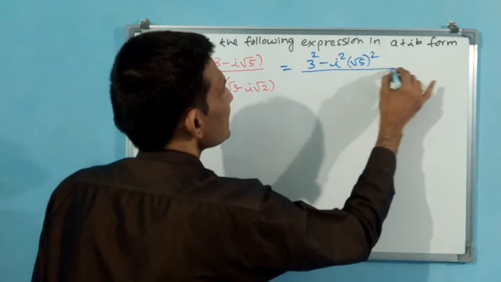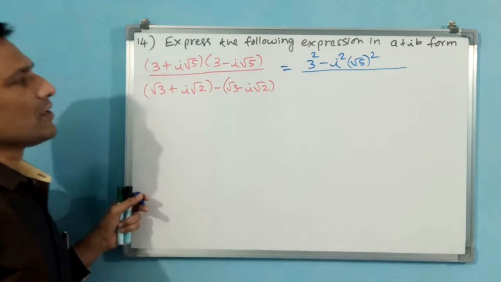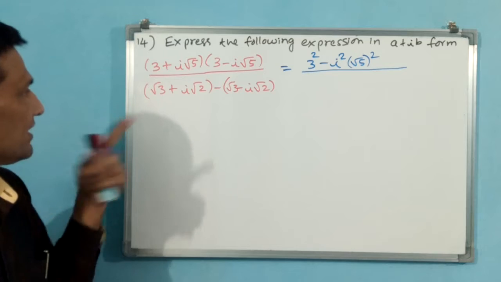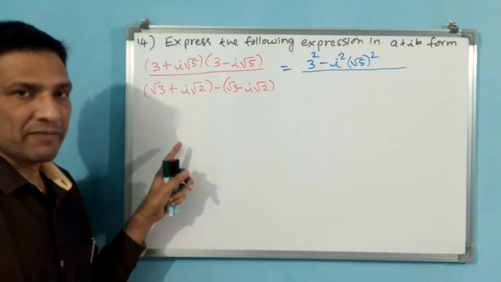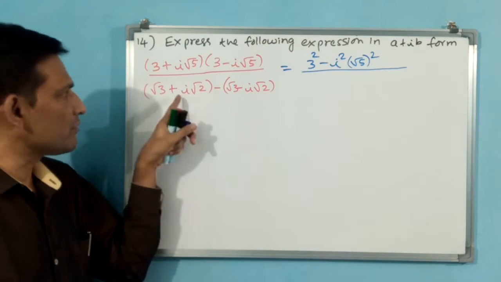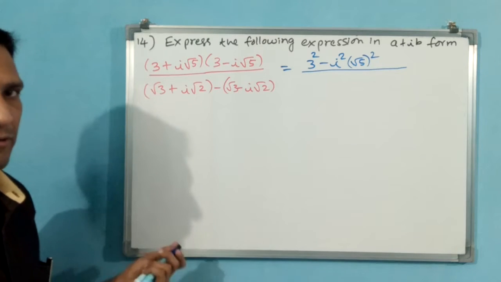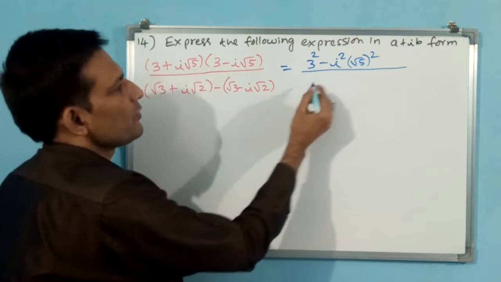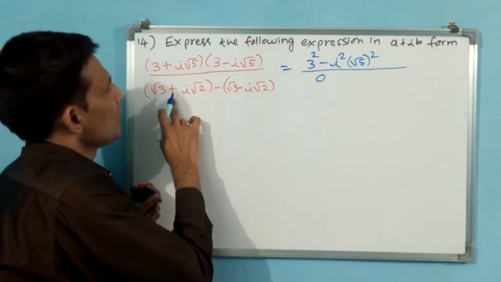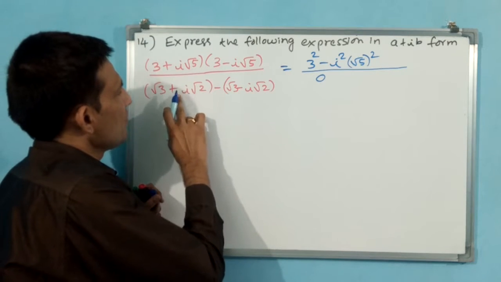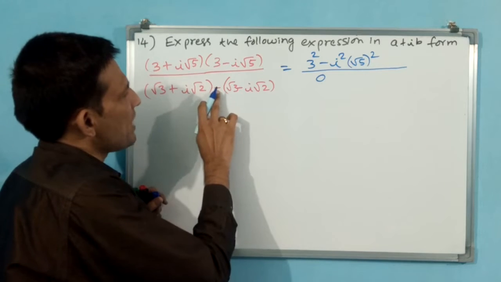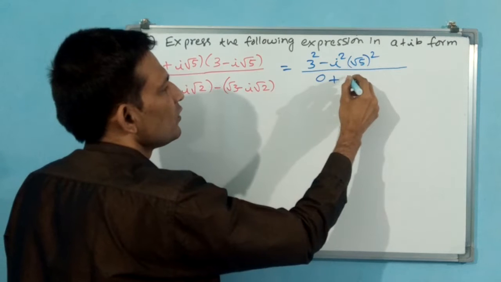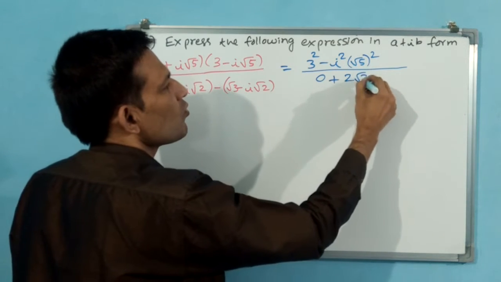Let it be. Now here, for the difference, you have to make real number with real number, imaginary number with imaginary number. There is no multiplication. Root 3 minus root 3 is 0. Now I root 2 minus of minus I root 2 is plus 2 root 2 I.